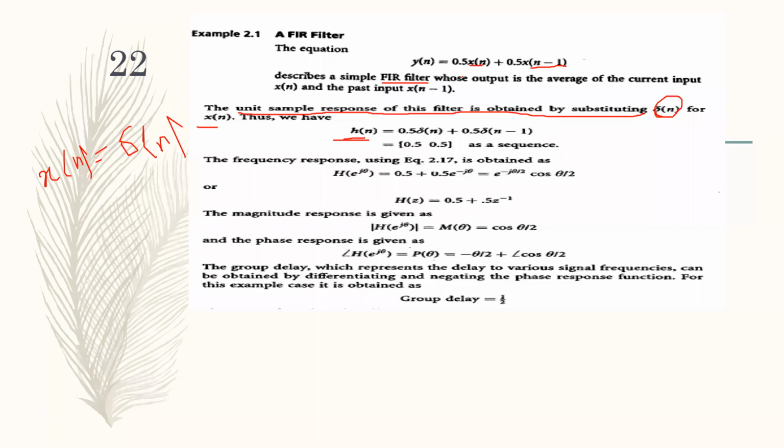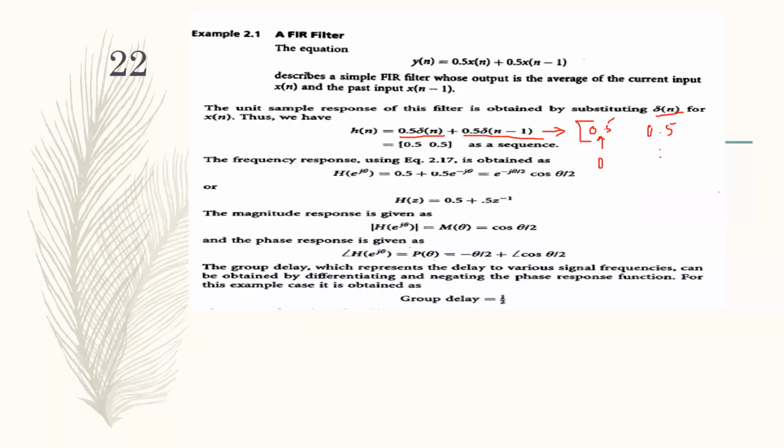When I substitute it over here, I get 0.5 times delta n and 0.5 times delta n minus 1. You might know how to represent these signals when you have samples. This is the sample at the 0th location, and the next sample is also 0.5, which is at the first location.